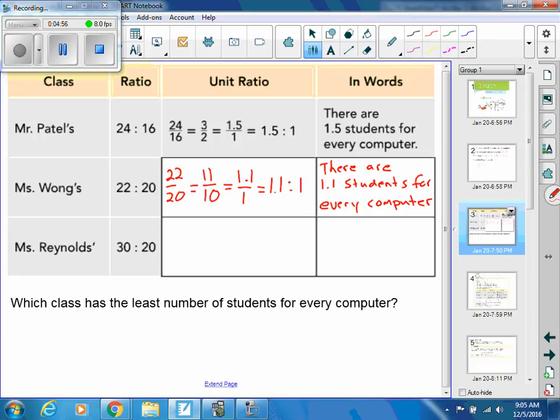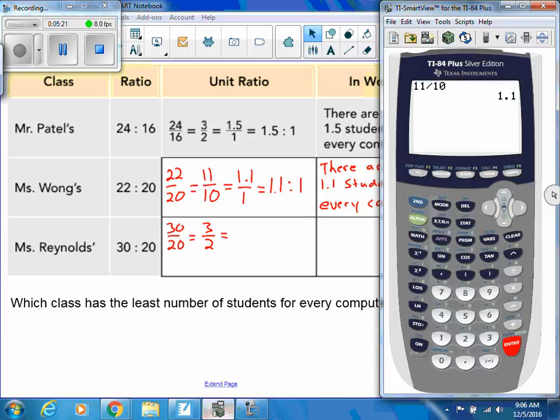Okay, next we're going to go on to Miss Reynolds' class. So her ratio is 30 to 20, so that would be 30 over 20. Okay, 30 over 20 is going to simplify to 3 over 2, because I can just knock the zeros off of the 30 and the 20 on that one. And then again, to get my unit ratio, I am just going to take 3 divided by 2, and I get 1.5.